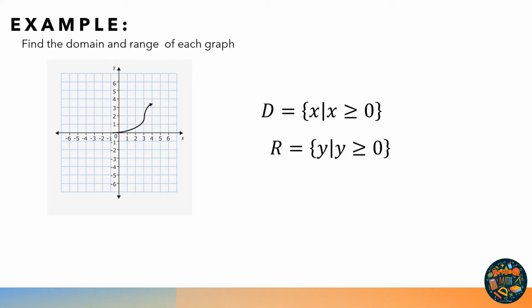The range is set of real numbers which is also greater than or equal to 0. Again, nag-umpisa yung graph natin dito sa y papunta sa taas wherein ang starting point is 0. So that's why we have greater than or equal to 0.